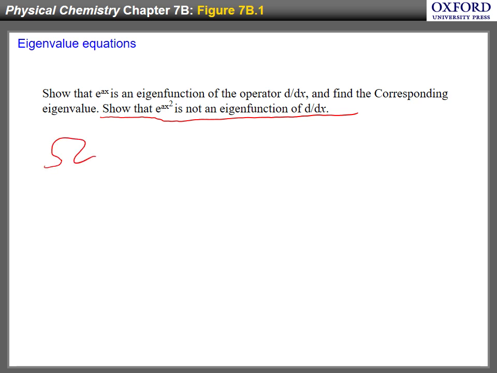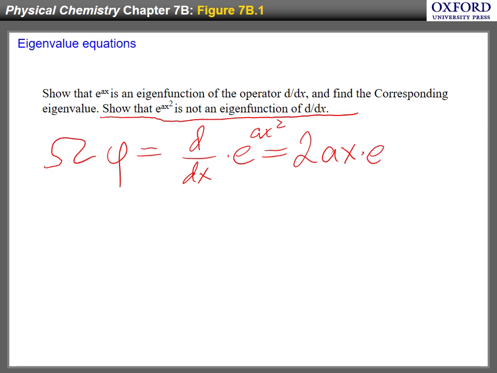We have our omega phi, which should equal d/dx times e to the ax squared, which of course in turn equals 2ax times e to the ax squared, which then equals 2ax, and this is our function here, times phi.